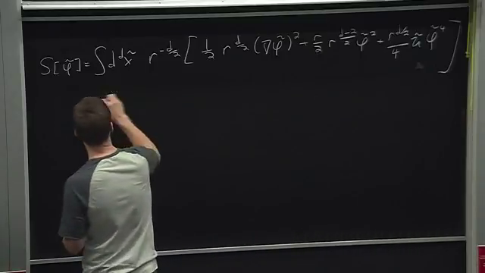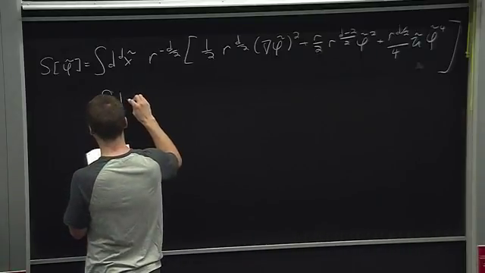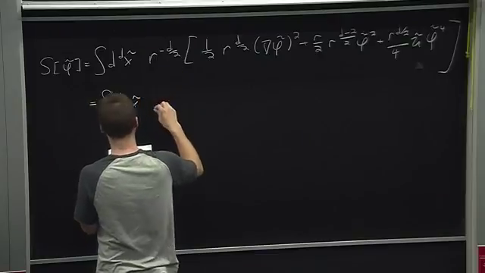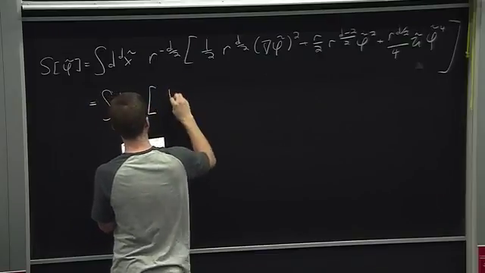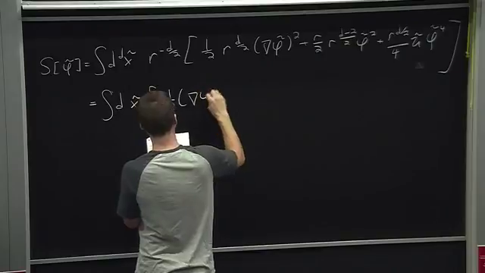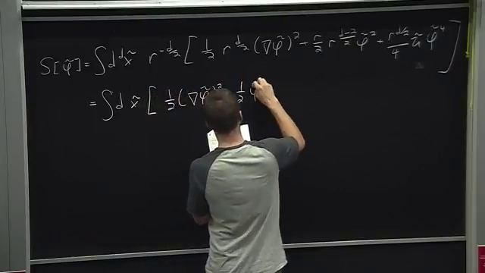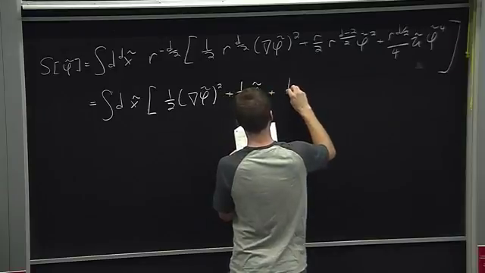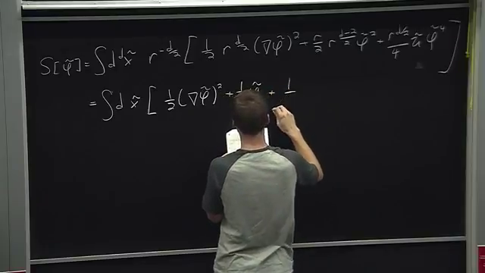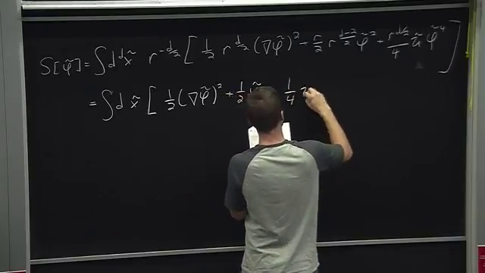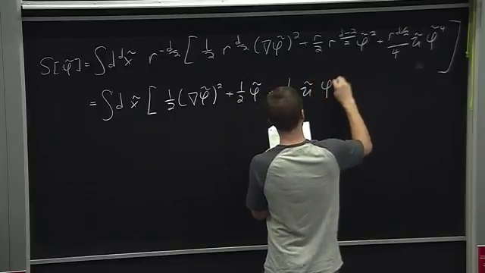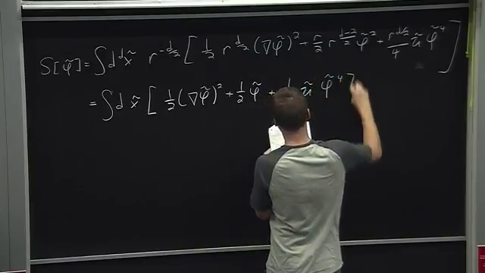And so once you do this, and you pull through this r to the minus d over 2, you get your phi 4 theory back. In terms of these fields, I've taken away r there, so all I have left is u phi tilde to the 4.